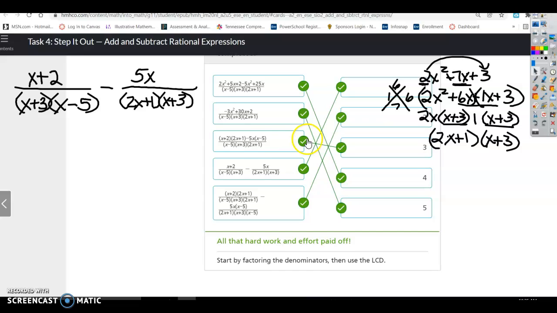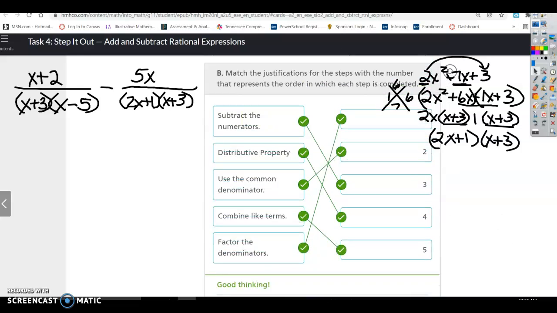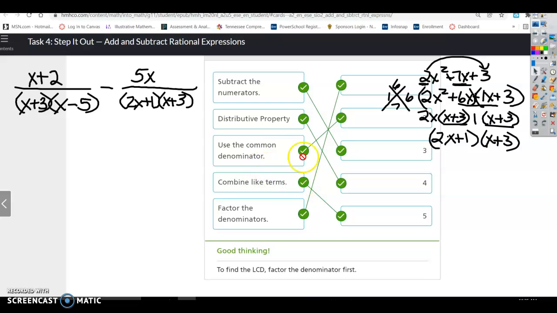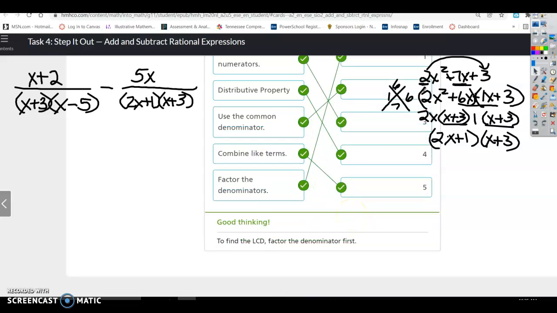And then 3, they combined the numerators. So they put it all over one denominator. And then the next step was to distribute. So here they multiplied, distributive property here. And then last they did combine like terms. So that's why I went with distributive property and then combine like terms next.